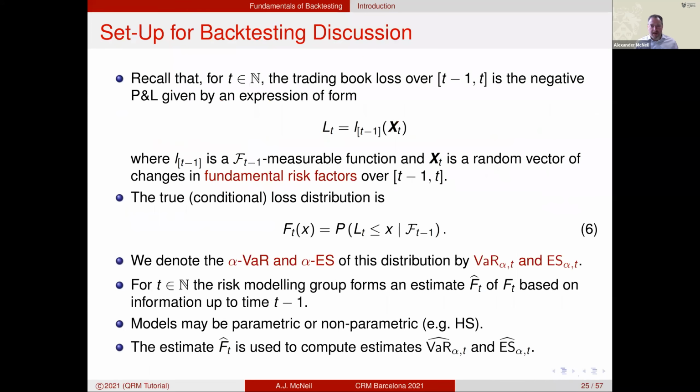Okay, so back to notation. Recall that the trading loss over a time interval is some complicated function of risk factor changes. So the actual loss is typically a nonlinear function of the risk factor changes. And we're interested in the conditional loss distribution. I'm not going to be precise about filtrations and sigma algebras.